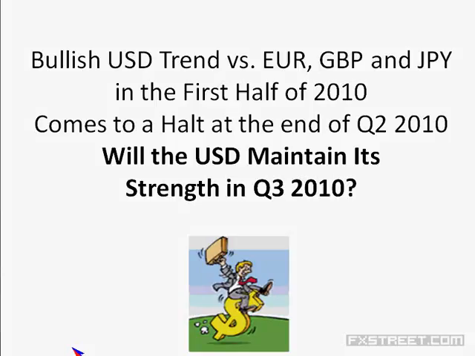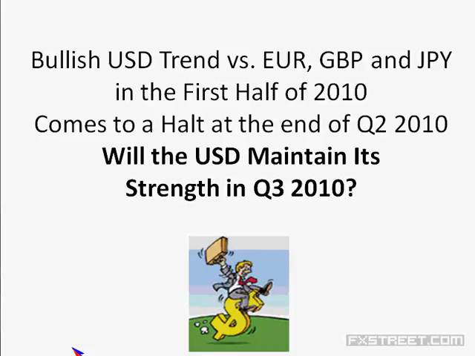Many of you who trade currencies, there's no way you have missed them. You have seen a very strong bullish US dollar trend versus the euro, the pound, Japanese yen, and other major currencies persisting in the second quarter of 2010, pretty much for the first half of 2010.